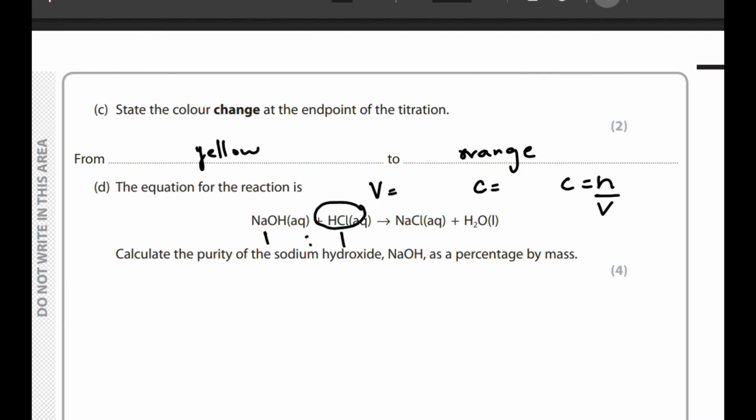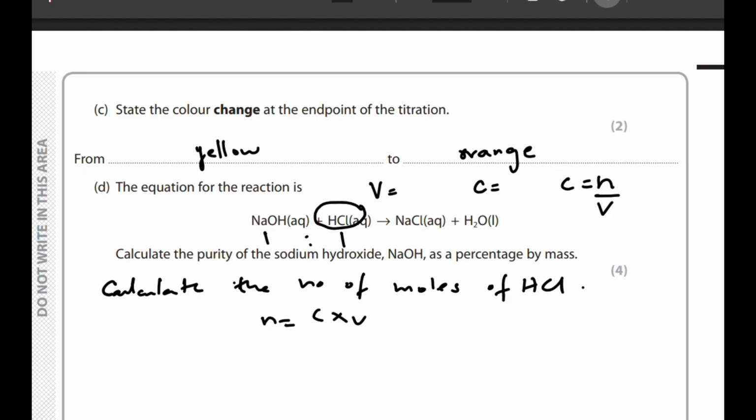So let's find the number of moles of hydrochloric acid. For that you need concentration and volume.